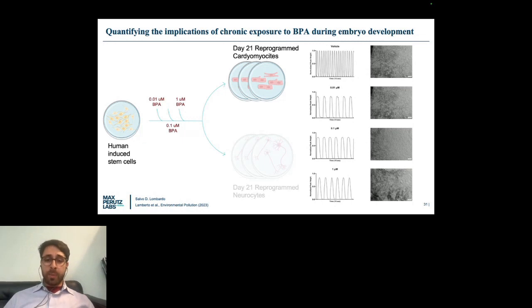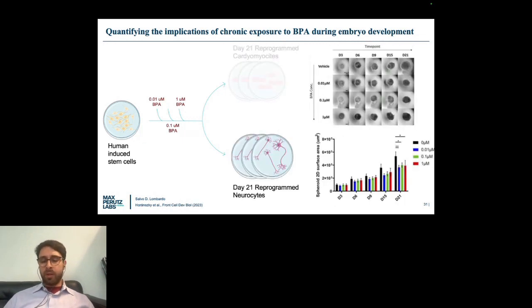But then in the brain, it wasn't so much better, because when they were growing as an organoid, so as a spheroid 3D structure, the brain organoid in the normal setting was always bigger than in the settings where there was bisphenol A. So we wanted to investigate this on a molecular level.